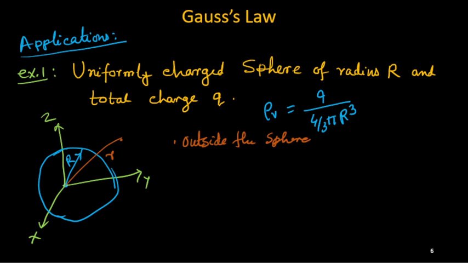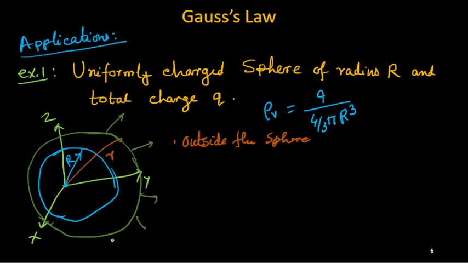To consider this, we will take one sphere passing through this point, and this sphere's radius is small r. The electric field is always radial, because the sphere's center is at the origin, and at every distance r the electric field is symmetrical, so it's a radial component.